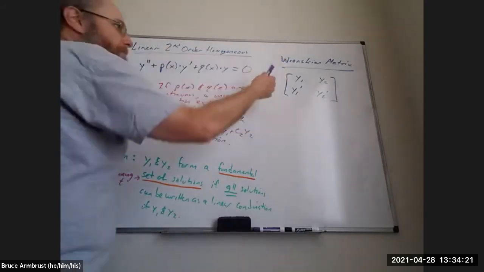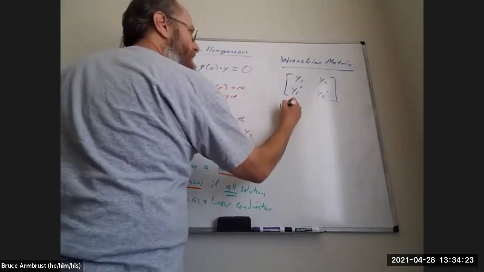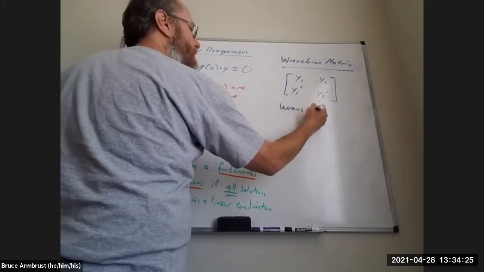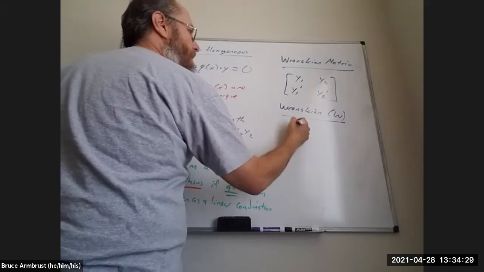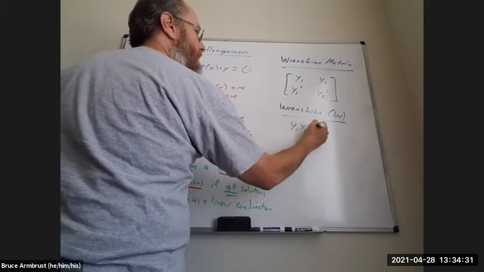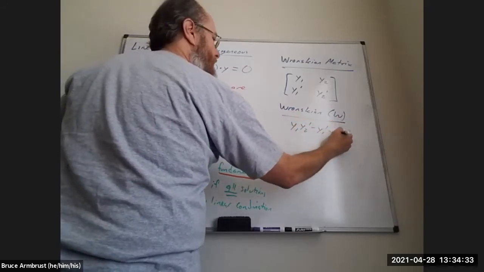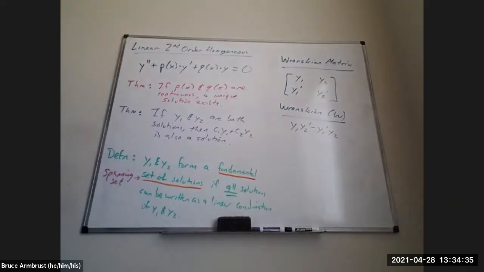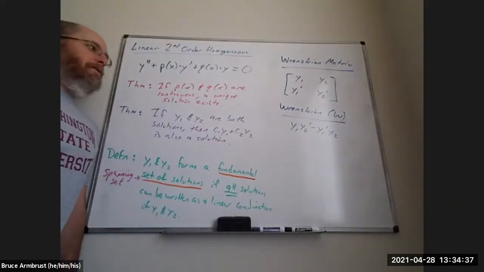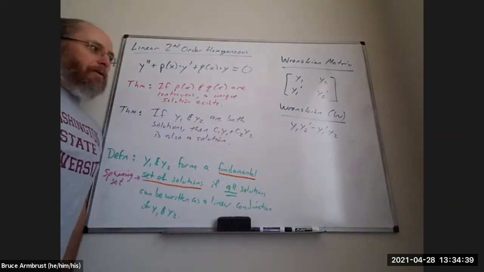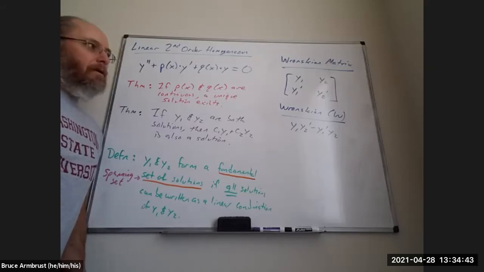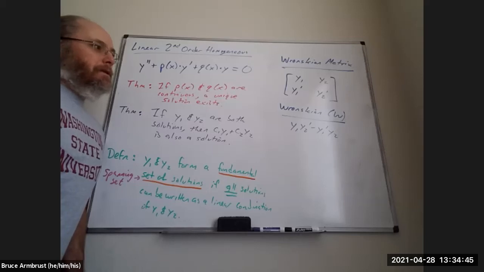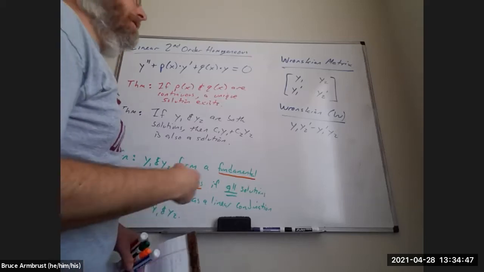So this is the Wronskian matrix, but the Wronskian itself, we use the letter W for that. It's y1 times y2 prime minus y1 prime times y2. Hold on, I've got that.